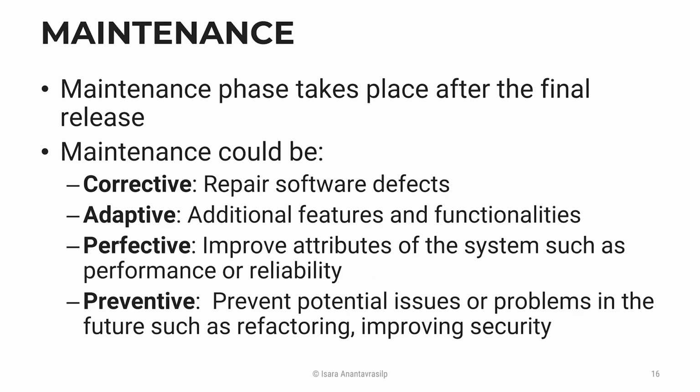After you deploy your software, you switch to maintenance. Software maintenance refers to the process of modifying, updating, enhancing software after it has been deployed or released. You can divide the maintenance process into 4 categories.